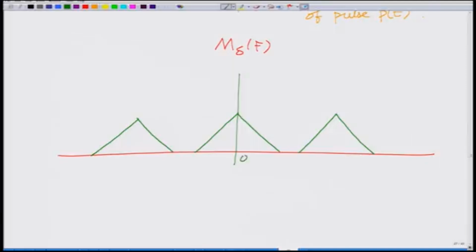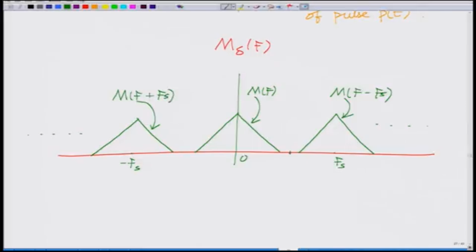So, this is 0, this is fs, this is minus fs. This is your M of f, M of f minus fs, and so on, M of f plus fs, and so on.